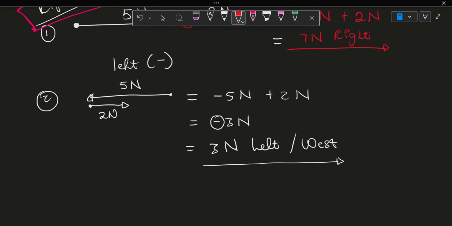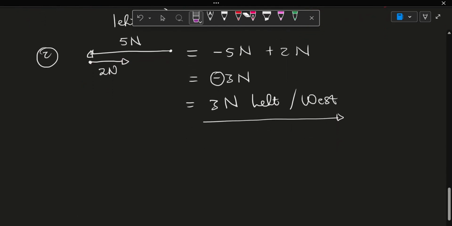It's an entire hullabaloo. But in essence, the direction of your resultant vector will be in the direction of your largest vector. So notice here you had your largest vector, which is 5 newtons to the left, meaning your resultant vector will be 3 newtons to the left, right? So it's just another different example.